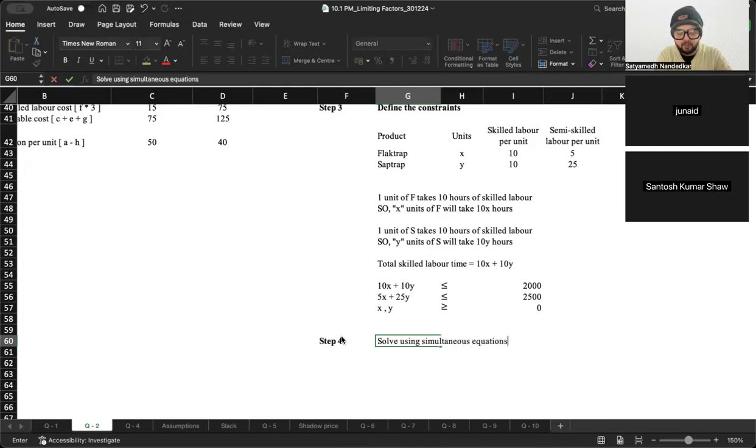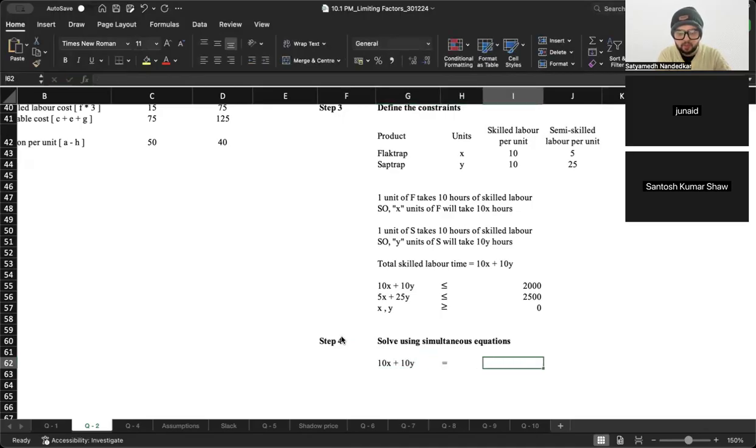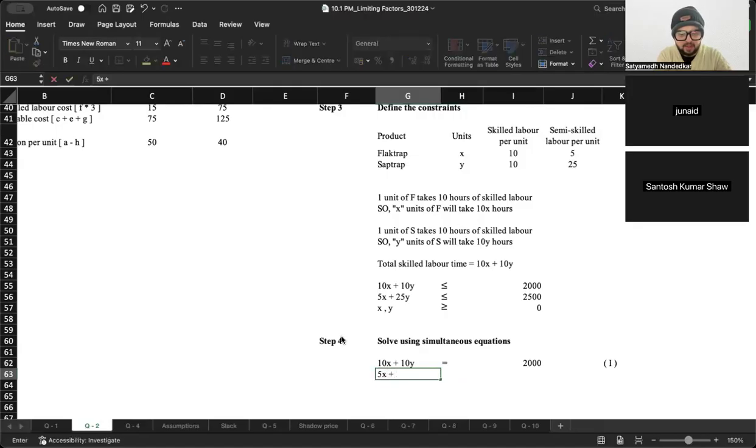So now step 4 is I have to solve using simultaneous equations. 10x plus 10y equal to 2000. This is my equation 1. And 5x plus 25y equal to 2500 is my equation 2. Now I decide to eliminate x.